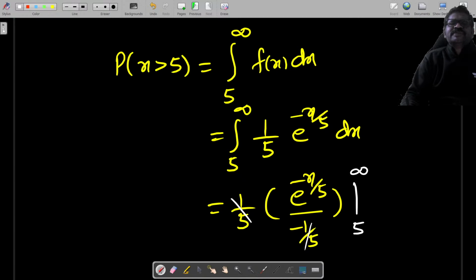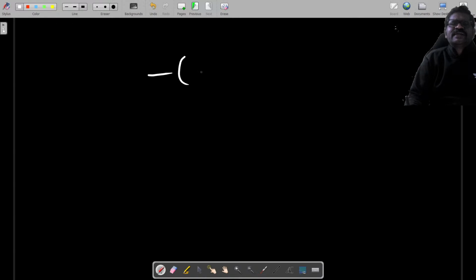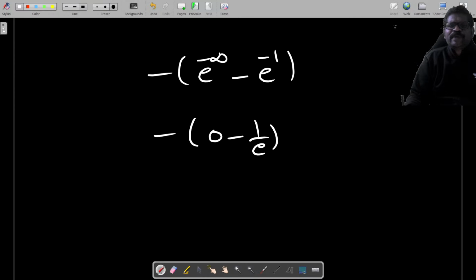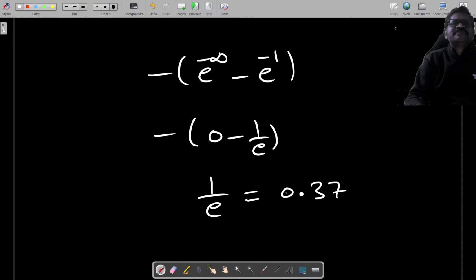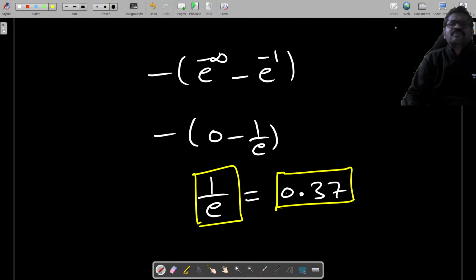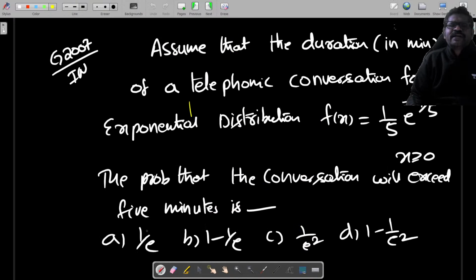This can be written as minus of (e power minus infinity minus e power minus 5 by 5), that is minus (0 minus 1 by e), that is 1 by e, which is 0.36937. So the correct answer is 1 by e.